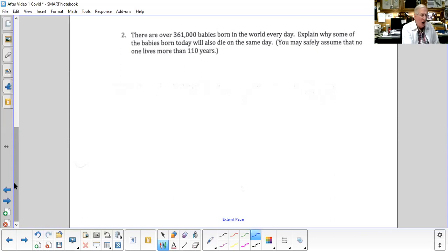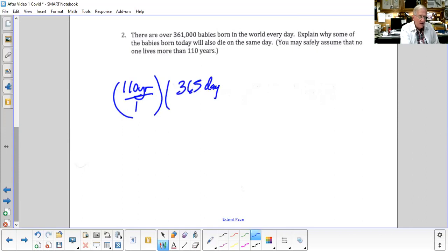If we have 110 years, and we want to convert that to how many days there are, I would multiply by 365 days for every 1 year. So 110 times 365, I get 40,150 days will occur in 110 years.